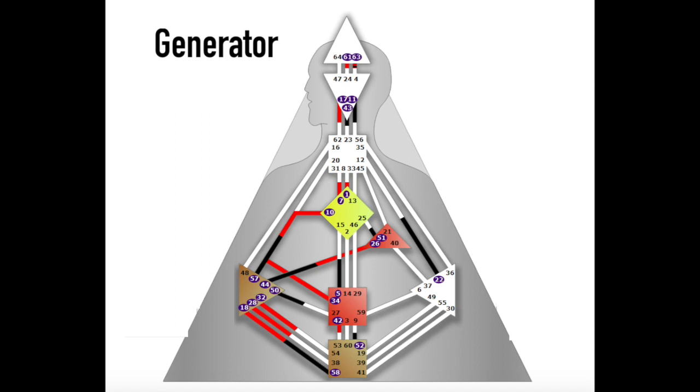Now, there are two types within this category. So there's what's called the generator, that has the throat center undefined or open. So it's whited out. So these people aren't necessarily as comfortable with giving their opinions. These are going to be maybe the people that do the work, but don't necessarily have strong points of view.